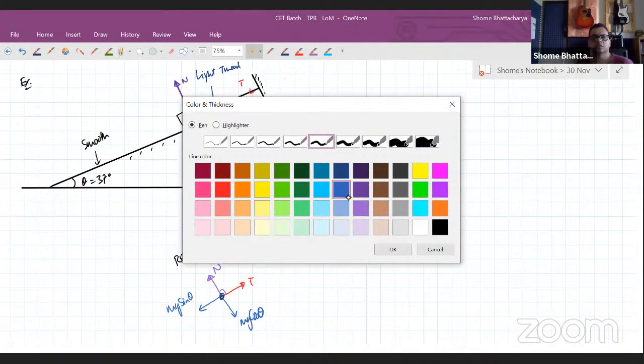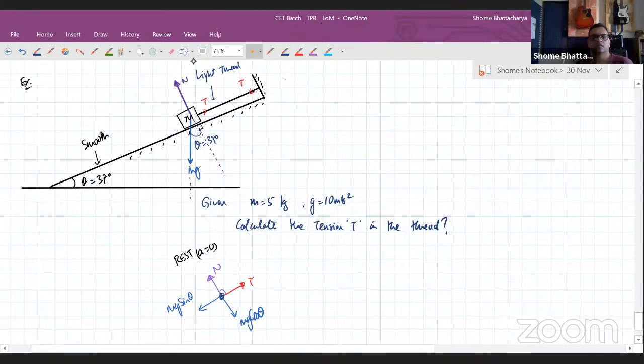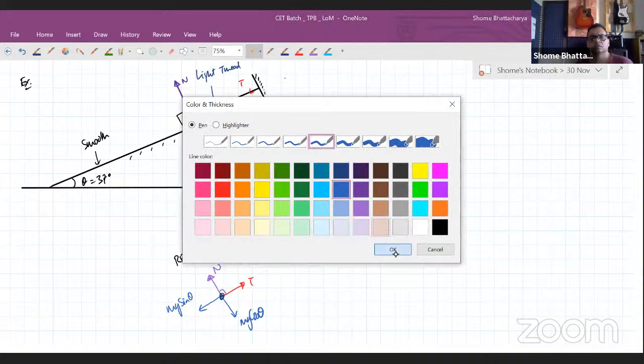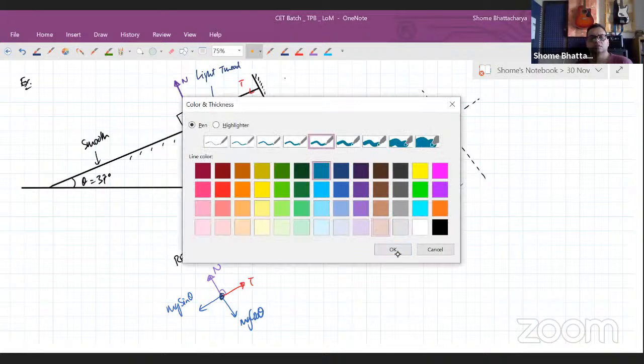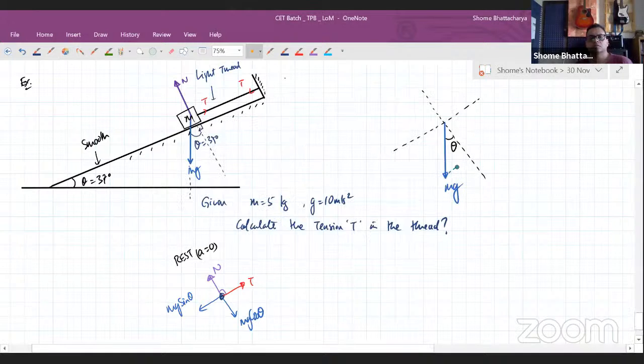What we're doing is we are seeing the gravitational force of mg with respect to our inclined plane and with respect to the normal to the inclined plane. This angle is theta. Okay. So therefore, the components of mg become like this.